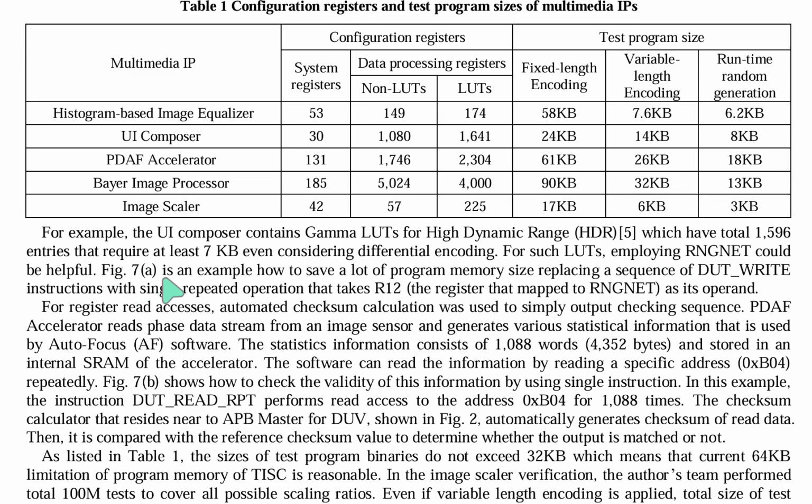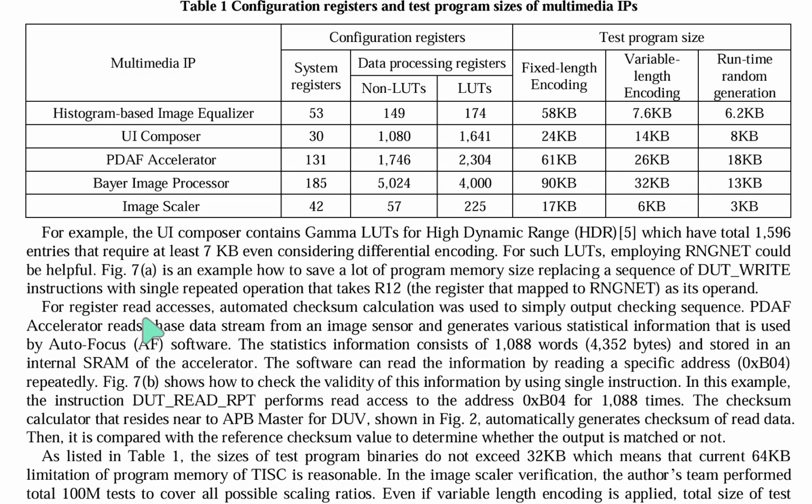Figure 7a is an example of how to save a lot of program memory size, replacing a sequence of DUT_write instructions with a single repeated operation that takes R12, the register mapped to RNGNet, as its operand.